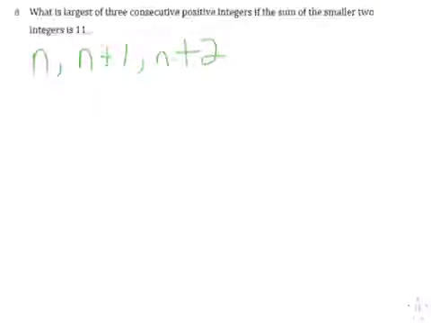So now, the problem says, what is the largest? So we really want to know the largest, but we'll take care of that at the end. Of 3 consecutive positive integers if the sum of the smaller two is 11.